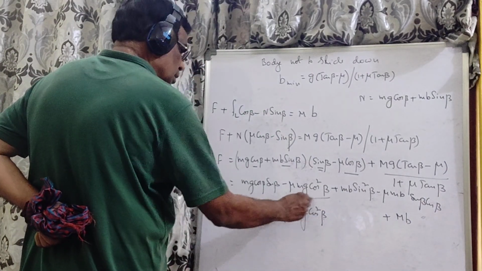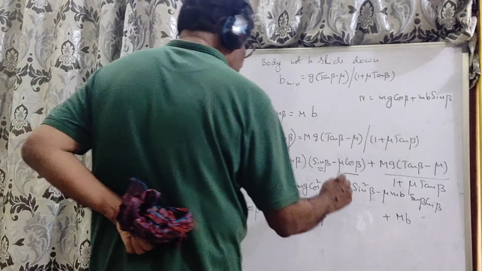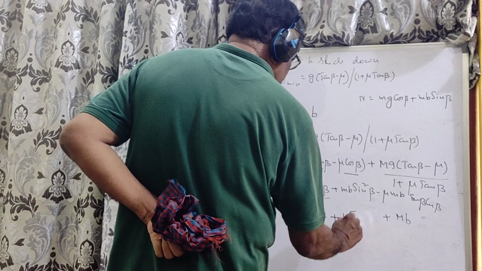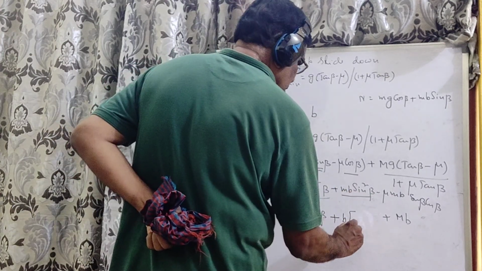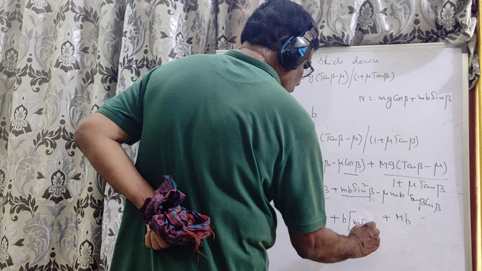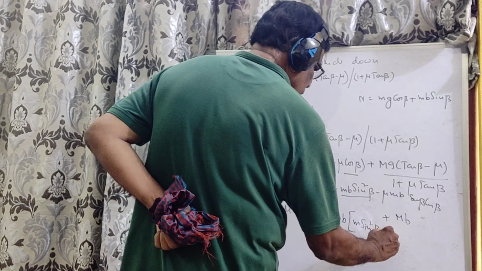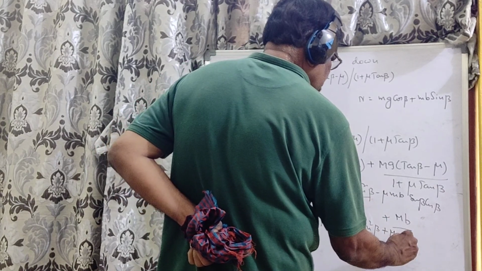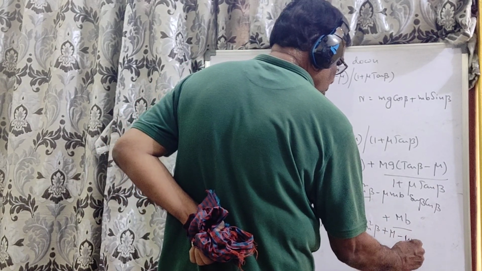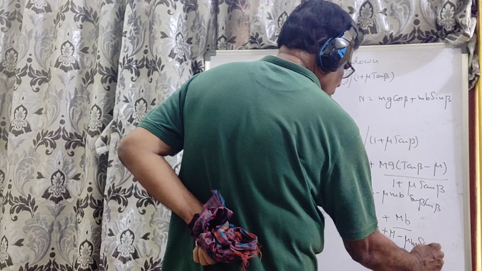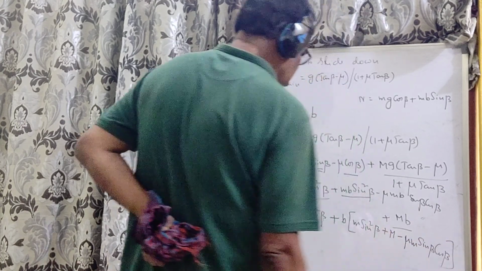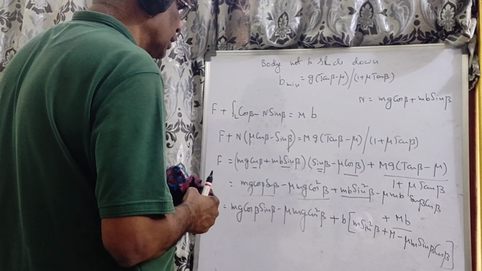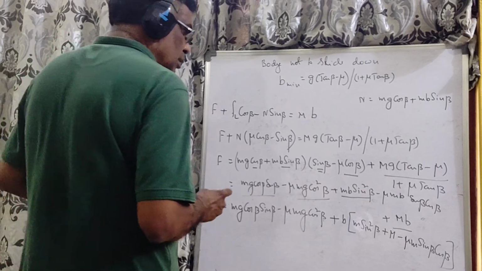Okay, these two plus B. What is this? M sin square beta plus capital M, this minus mu m sin beta cos beta. Right.